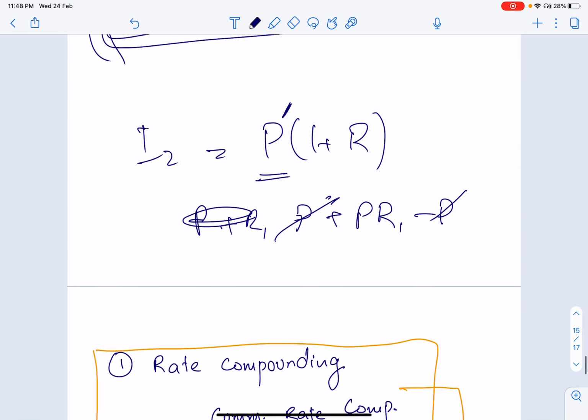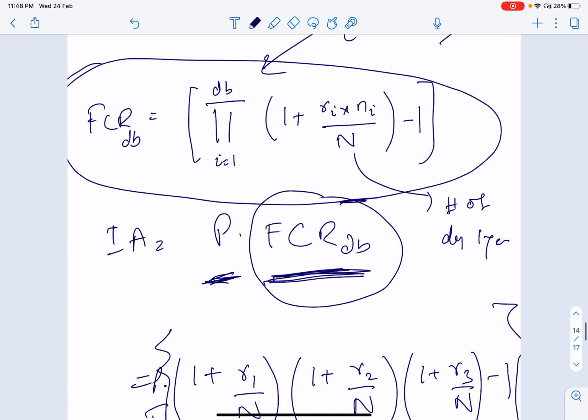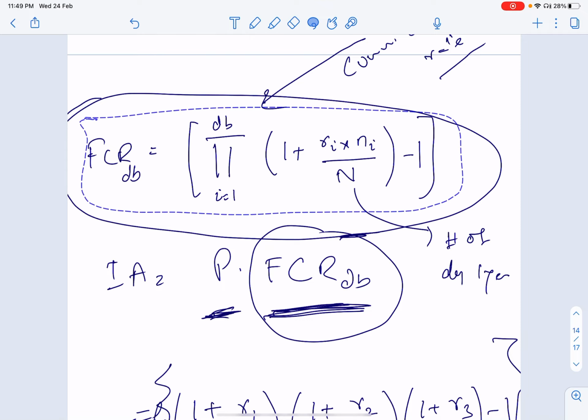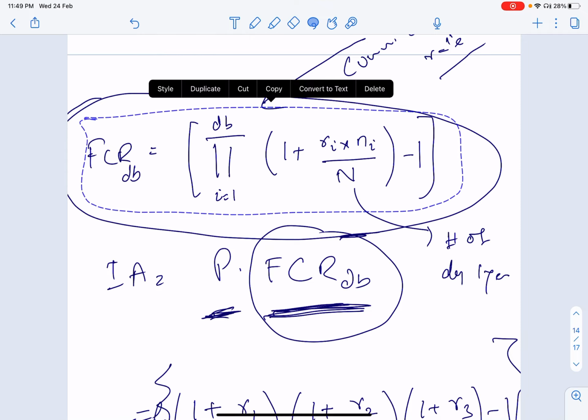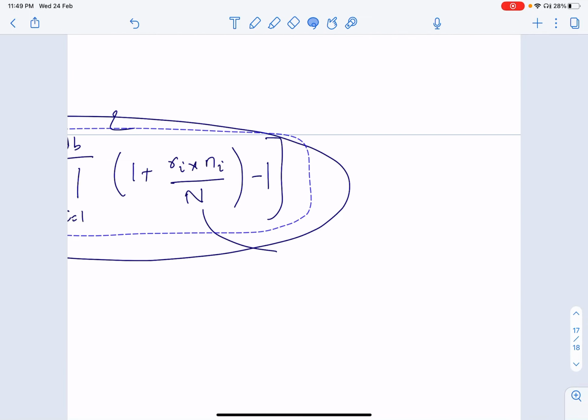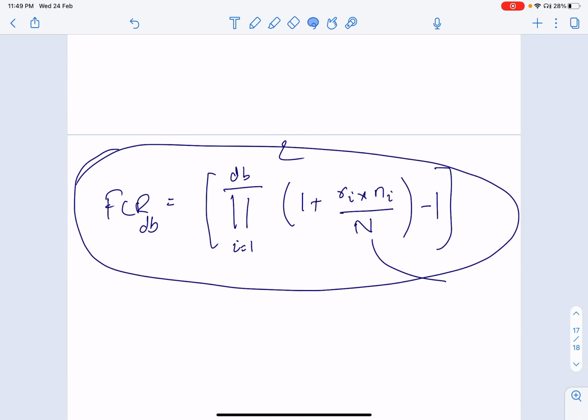Rate compounding is defined by this formula over here. Let me explain the different components of this formula.